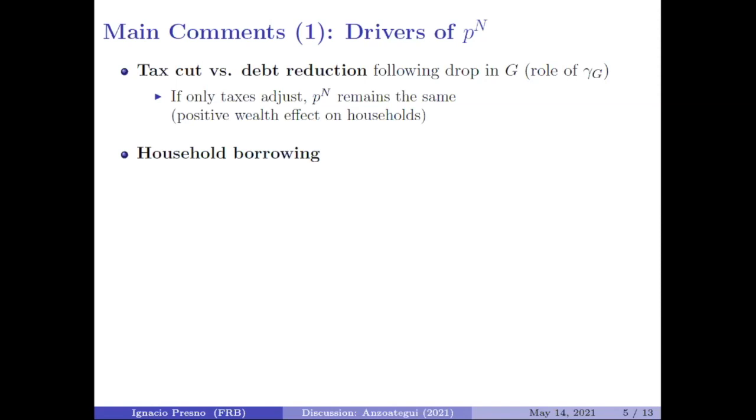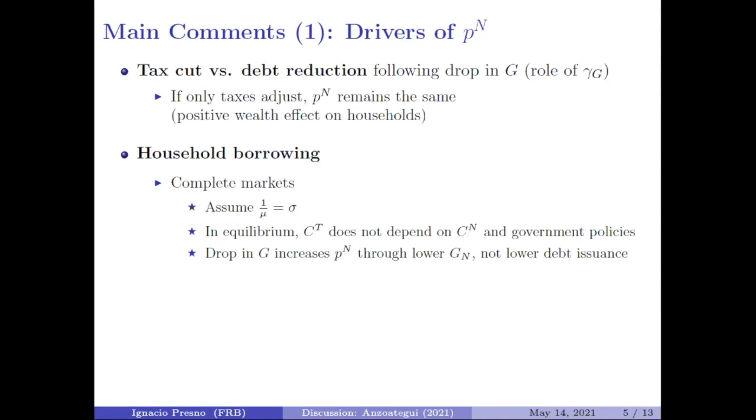Now, the second assumption I wanted to raise regards households' access to borrowing. Here, Diego is assuming that households are hand-to-mouth agents, so the government has full control over private consumption, basically. If we let households borrow from abroad and assumed that markets were complete, and that the inverse of the intertemporal elasticity of substitution is equal to the coefficient of risk aversion, we could have it that in equilibrium, tradable consumption is not affected by fluctuations in non-tradable consumption and the government policies.